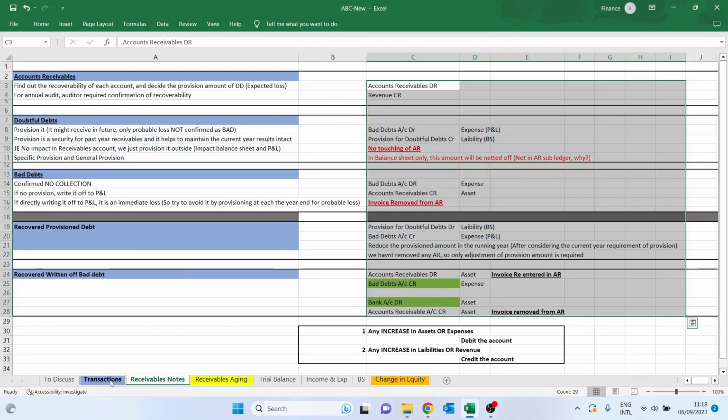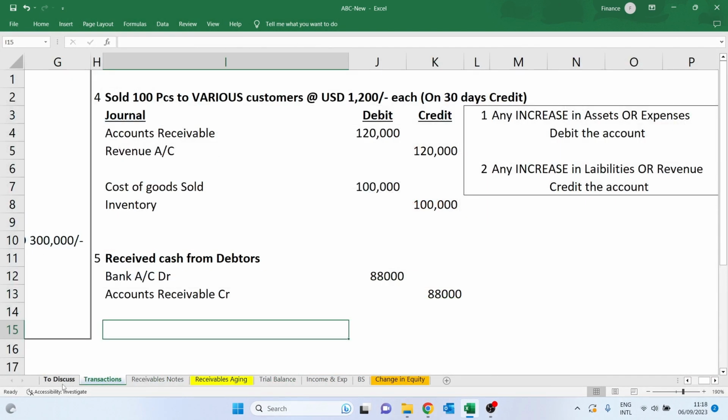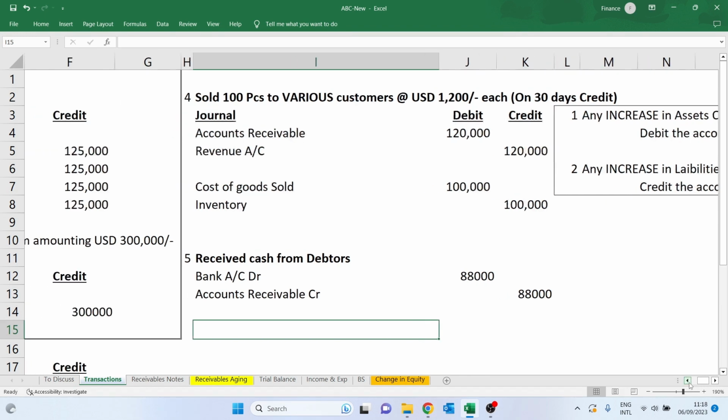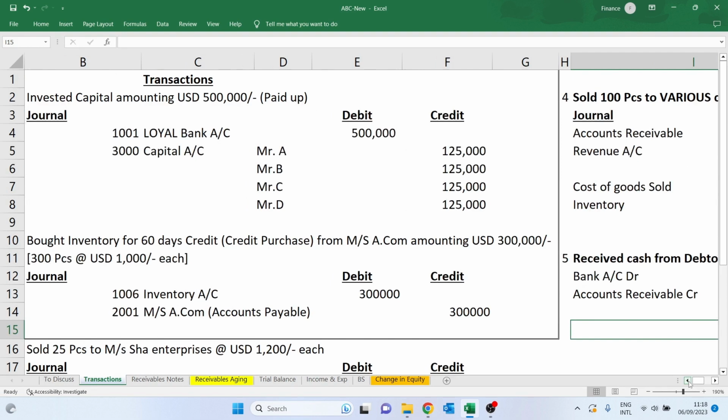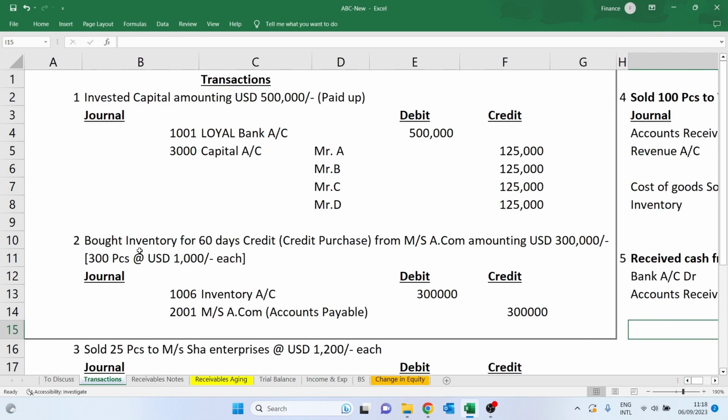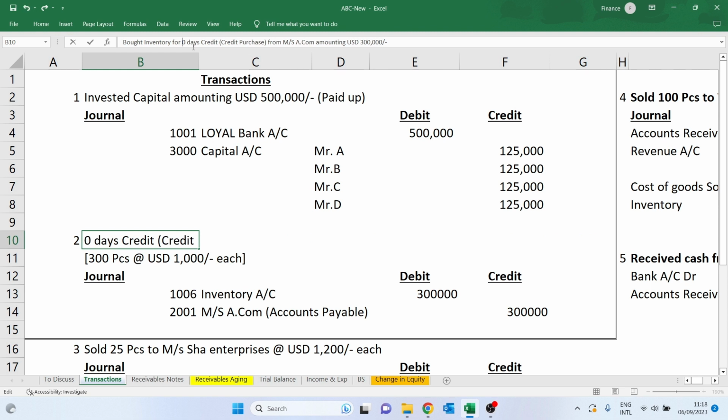Now let us come back here first. Let us discuss what is receivables. In my earlier video, I have already discussed one accounts receivable entry. Bought inventory on credit, actually this is not 60 days, this is 30 days credit.